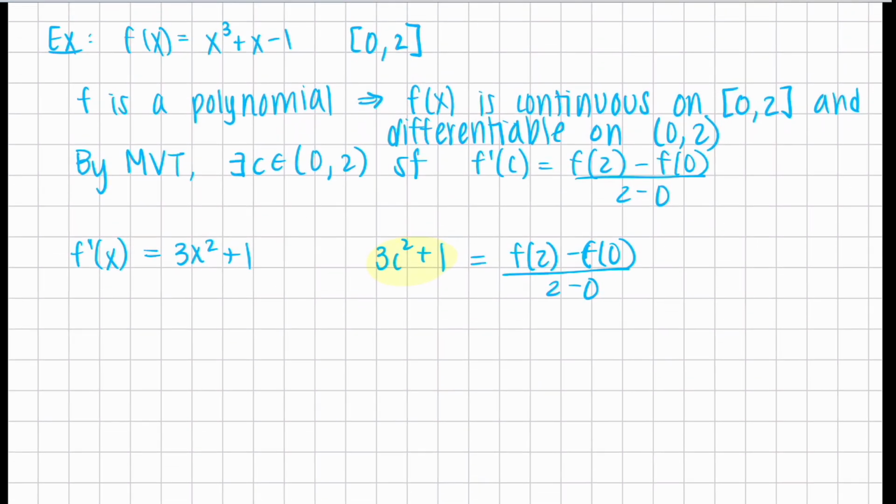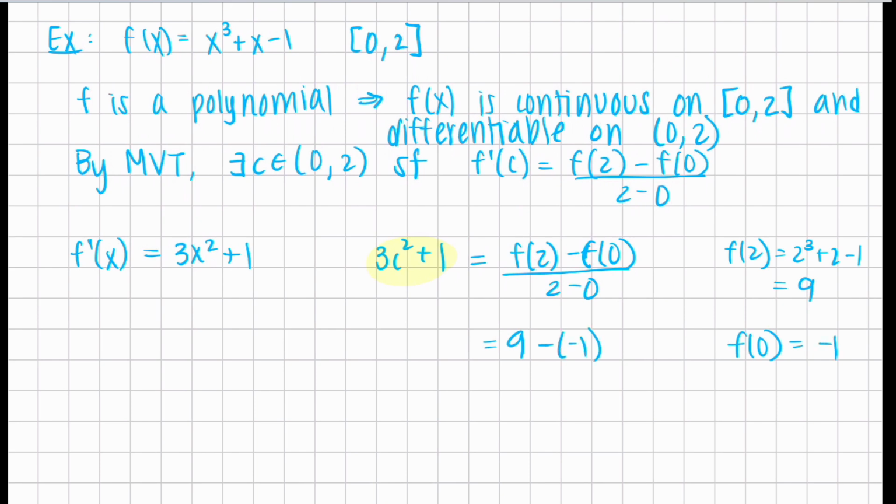So we can figure out f of 2 if we want to do it on this side. f of 2 is going to be 2 cubed plus 2 minus 1. That's going to be 10 minus 1, which is 9. f of 0 is going to be negative 1.